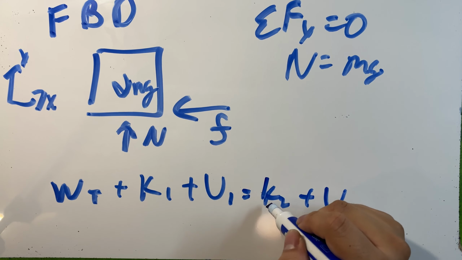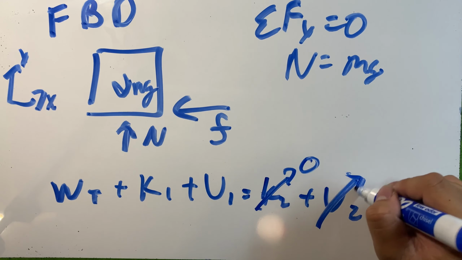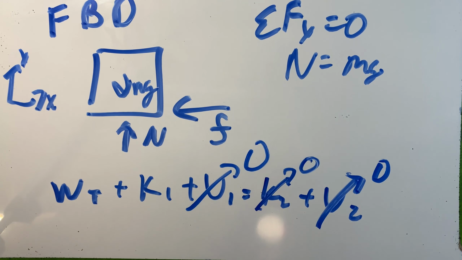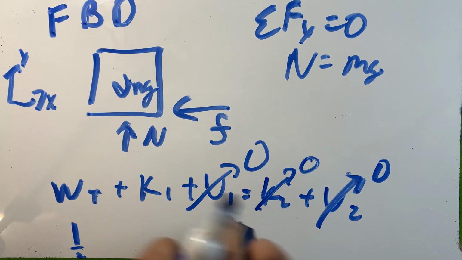So when it ends, it comes to a stop, where there really isn't a change in kinetic energy. This isn't a delta U. So we end up with one half, why did I make that one so weird?